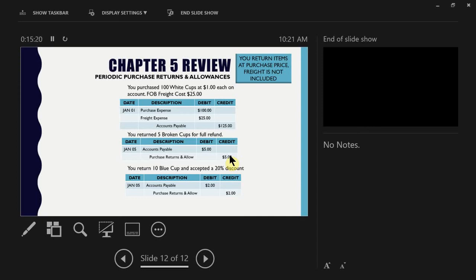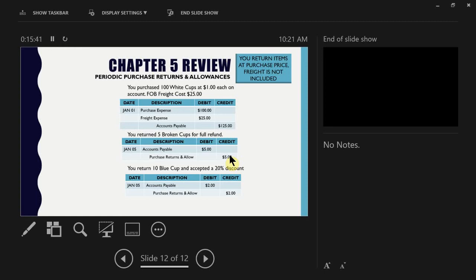So again, you need to make the purchase in the first place in order to create the rest of the items. And again, you cannot take discounts off of freight or anything like that. And that is pretty much it for chapter 5.2.